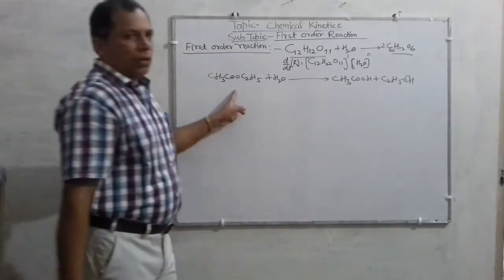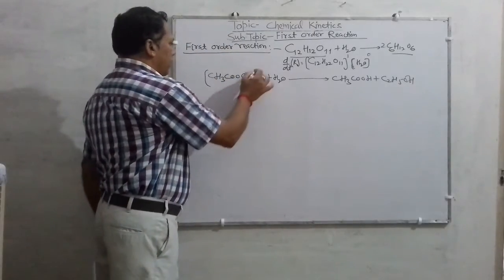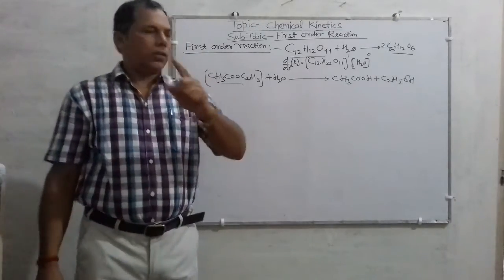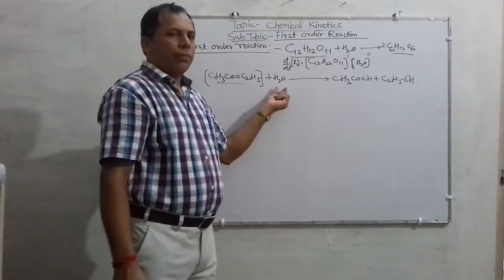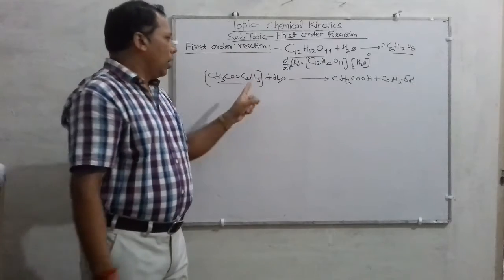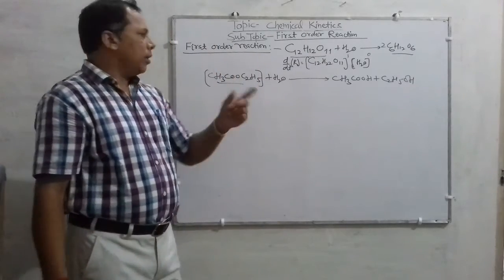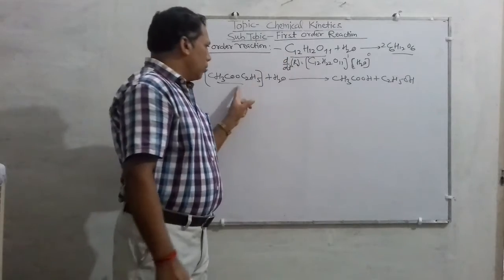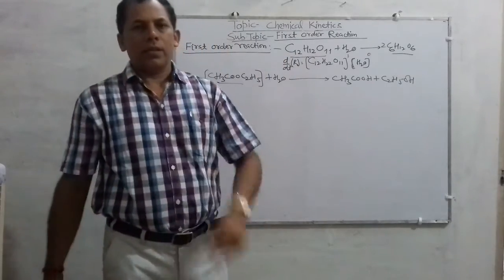In this reaction also, only the concentration of the reactant changes and the concentration of water doesn't change. That is determined experimentally. So this is also similar to the first one, showing a first order reaction.